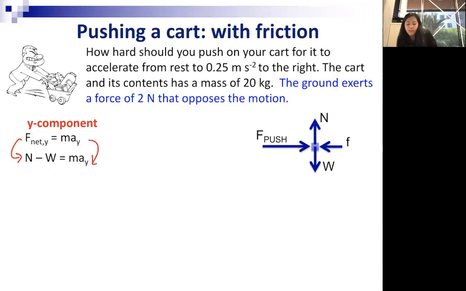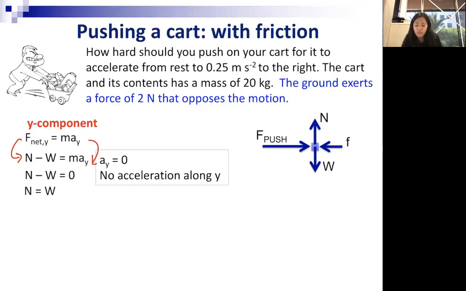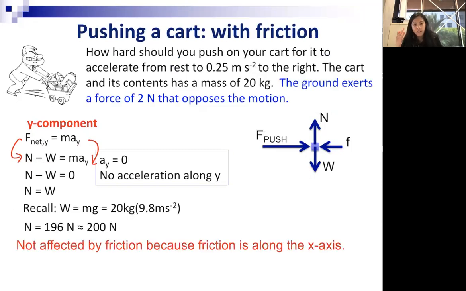We already said that the acceleration along the vertical is 0, right? The cart's not jumping up and down. So your normal force is still equal to your weight force, just as we've seen earlier in the no friction case. So you can see here that the normal force is still 200 newtons, the same as what we had when there was no friction.